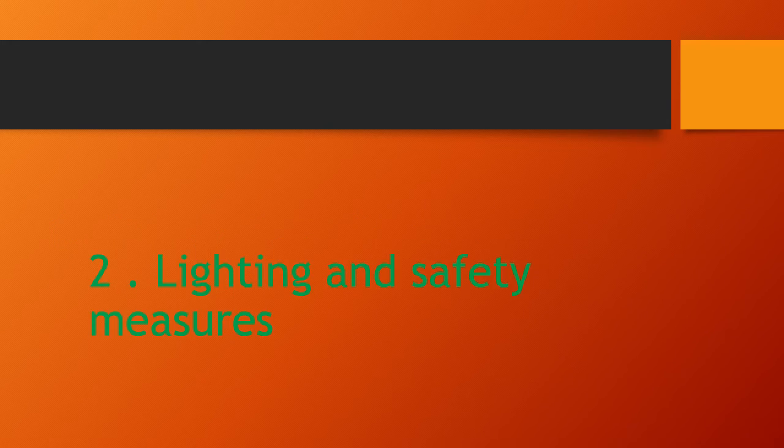Pupils, we move to lightning and the safety measures. Lightning is a form of static electricity formed when charged clouds rub against each other. Lightning is usually seen as bright lights, that is sparks, across the sky. 2.